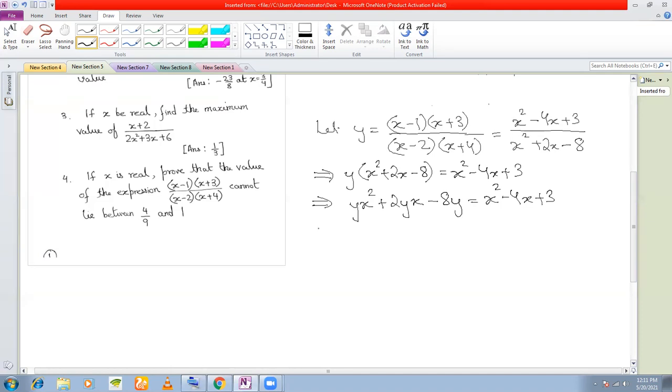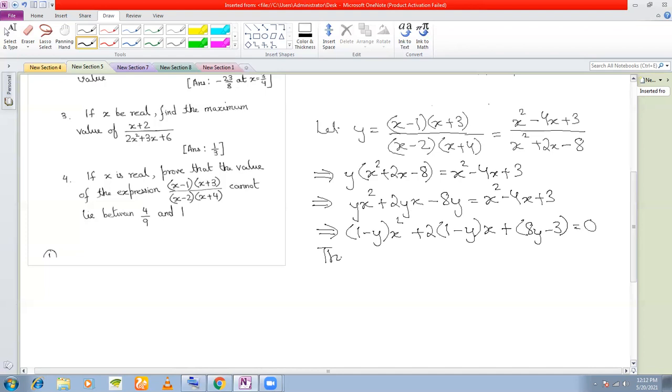You take everything on the left hand side and take the x squares together. So you're going to get 1 minus y x square plus twice 1 minus y x plus 8y minus 3, right? Equal to 0.